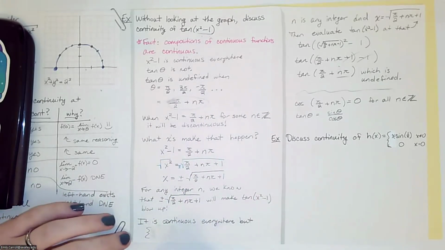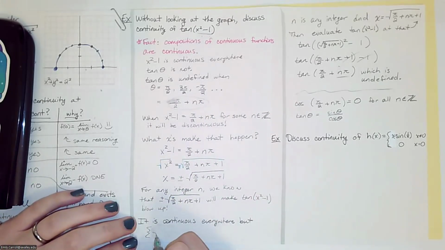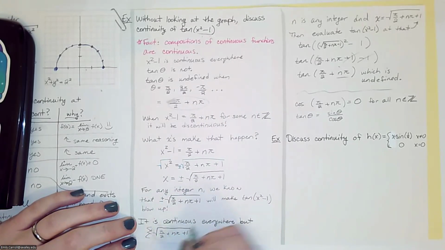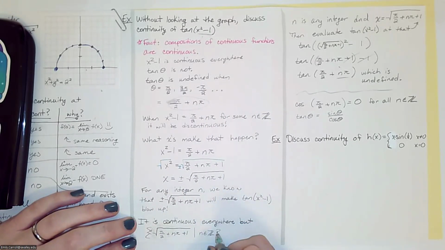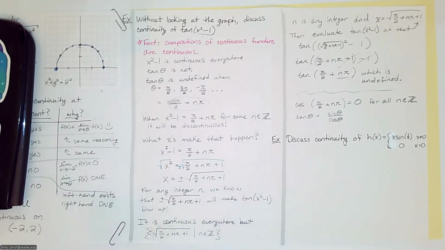It's continuous everywhere but the set of numbers of the form plus or minus the square root of pi over 2 plus n pi plus 1 where n is an integer. So it's continuous everywhere except where x is equal to one of those guys. Cool?